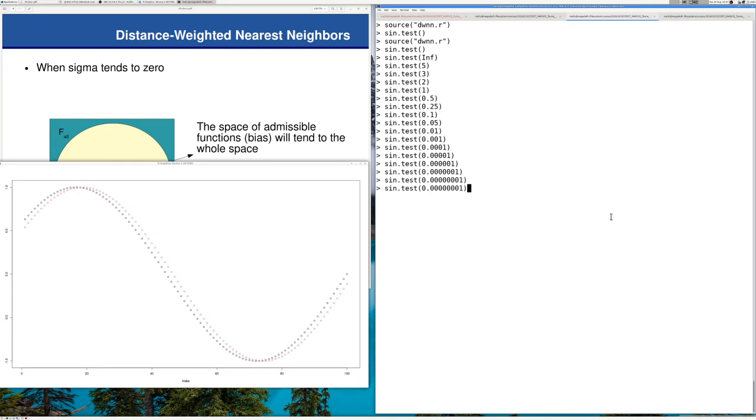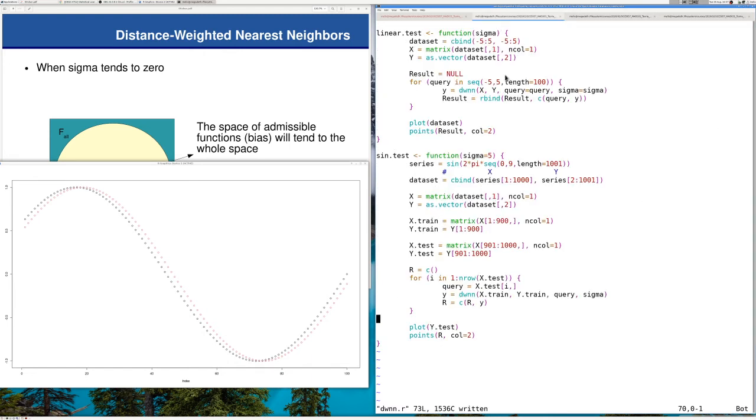You guys remember that I said that if I ask for a point that I have in my training sample, I'm going to classify it or perform the regression correctly. This is the case here because I have those points in my training base, my knowledge base. What happens if I bring a quite small perturbation here in my query?